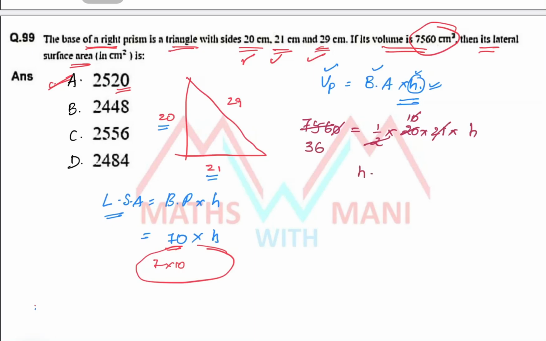So what is the value of h? 36. So you have to put 36 here, 70 into 36. It is how much? 2520 centimeter square. That's it. That is the first option. Okay, so in this way you can solve it.